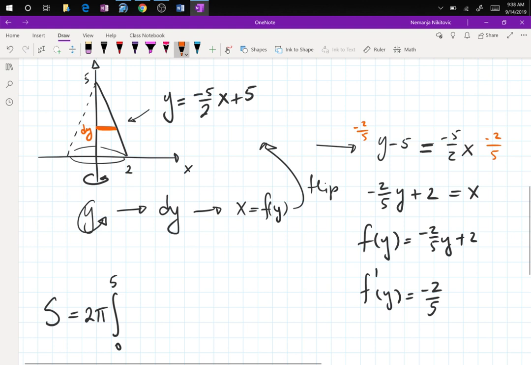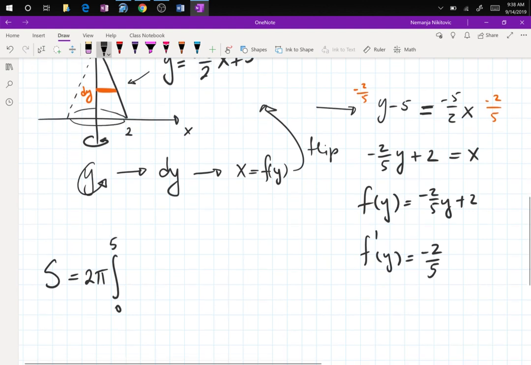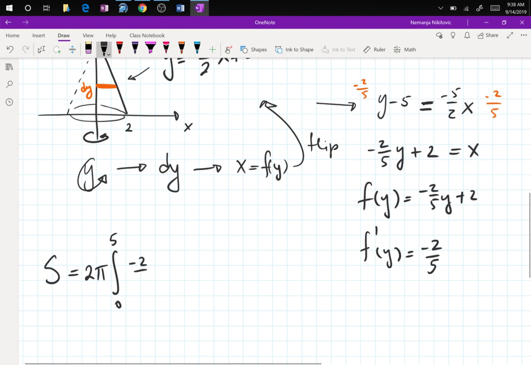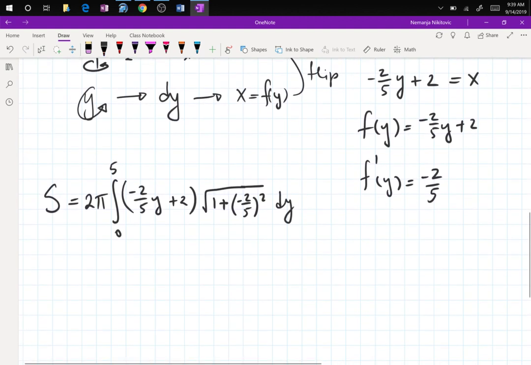And the next thing is we put the function as is. The function is negative 2/5 y plus 2 times the square root of 1 plus derivative squared. That's negative 2/5 squared dy. And all we need to do is to compute this.